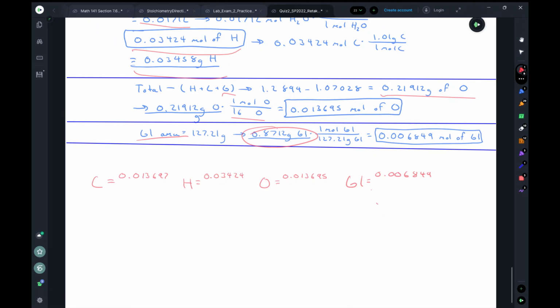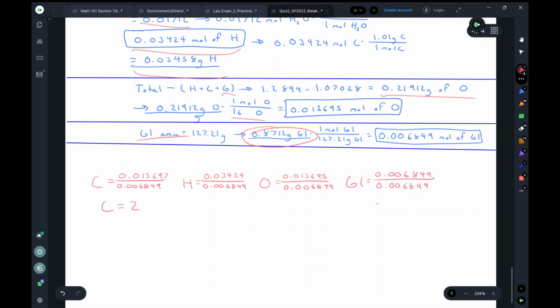As such, we'll divide all the rest of the moles by the lowest amount. And dividing each one will give us the answer.